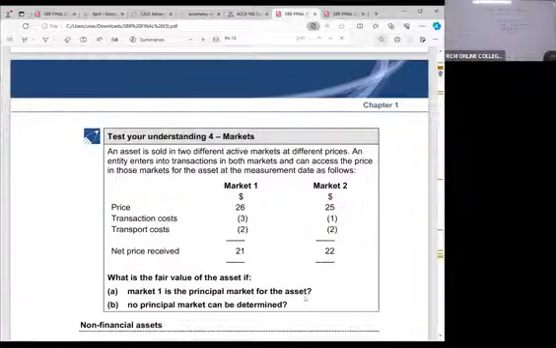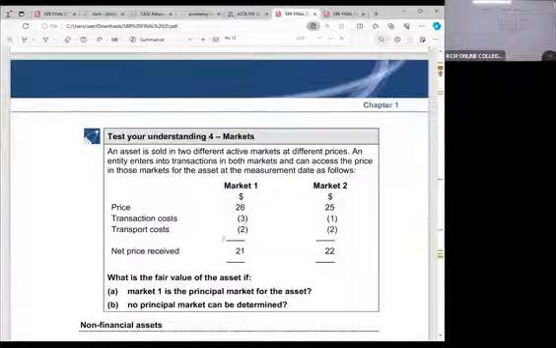Very easy. Fair value. If market 1 is being used, how do we get this fair value? I will take the price of this particular asset, which is 26, and then you subtract other costs other than the transaction cost. Transaction costs are very irrelevant whenever it comes to calculations of fair value according to IFRS 13.